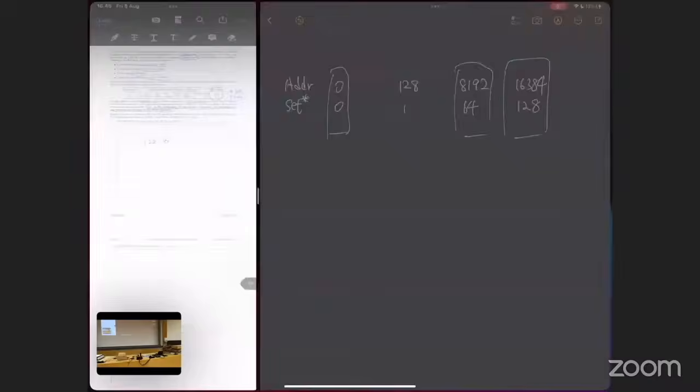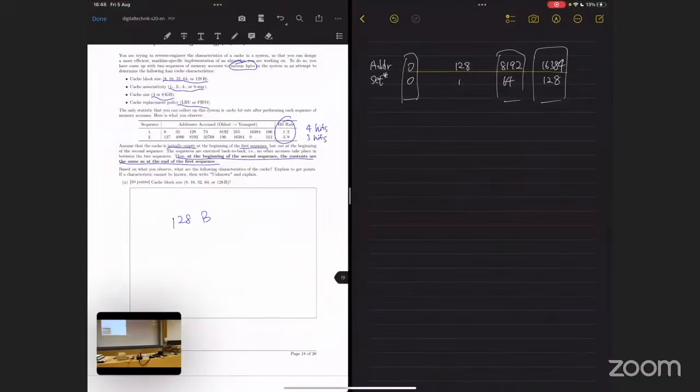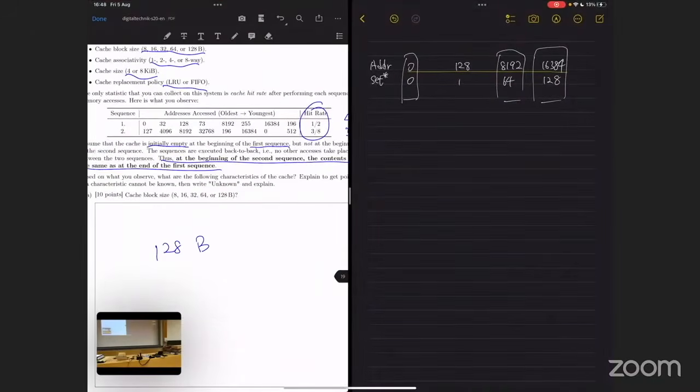And then let's take a look at the addresses accessed by the second sequence. So let's say S2, sequence 2. The addresses would be 0, 4K, 8K, 32K, 196 is 228.